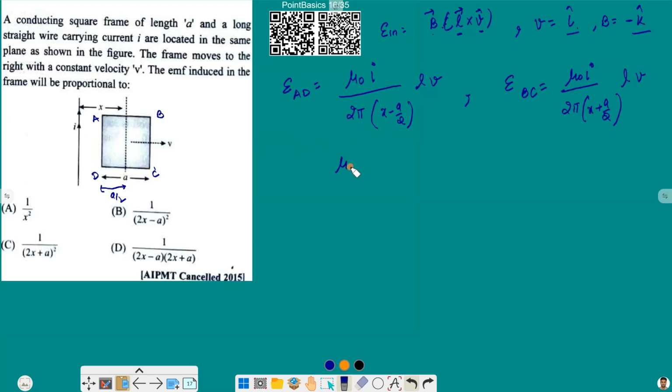It becomes mu naught I a v divided by pi into 2x minus a. This is the induced EMF in AD, and the induced EMF in BC will be mu naught I a v divided by pi into 2x plus a.